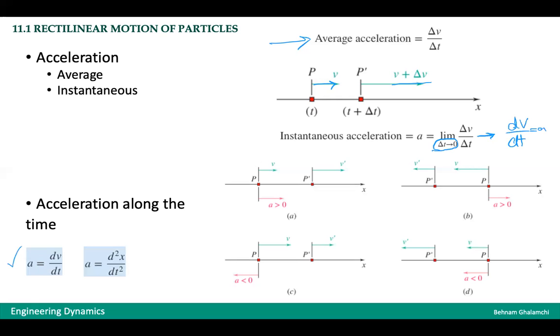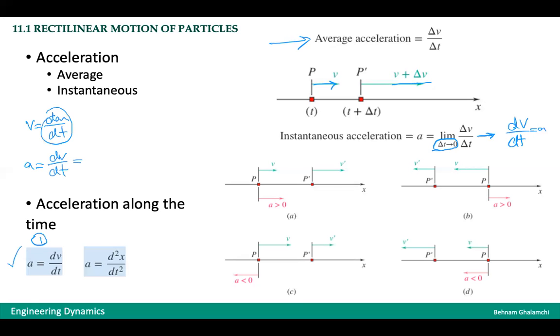So there are different ways of presenting acceleration, and it's important to know all of them because it's very useful. The first type is just an equation that I already derived for you. But we already know from the previous slide that v is equal to dx over dt. So what we already have is a is dv over dt.